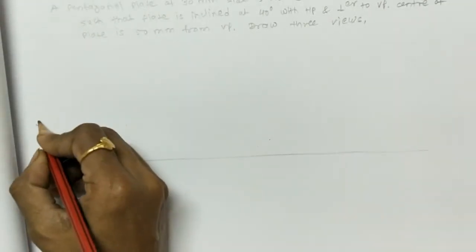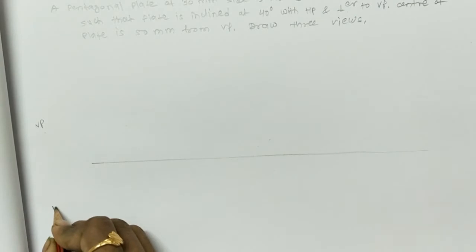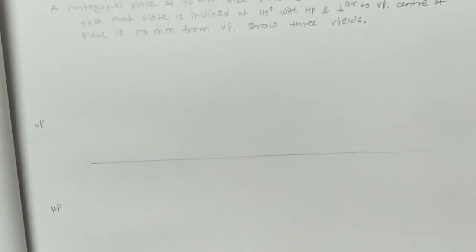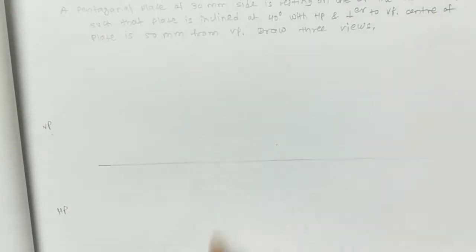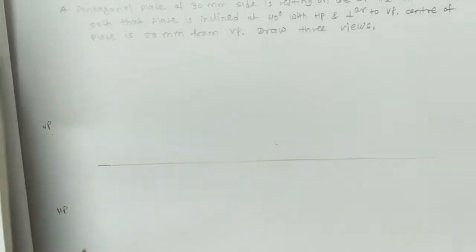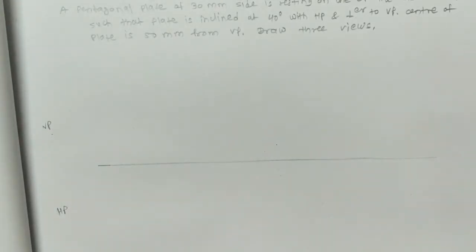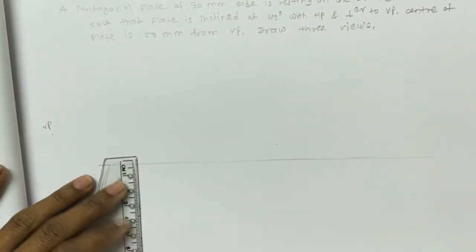So this is VP and this is HP, and one of its sides is vertical because it is resting on one of its sides on HP. So draw a pentagon having side 30 mm, and its distance is also given as center of plate is 50 mm from VP.